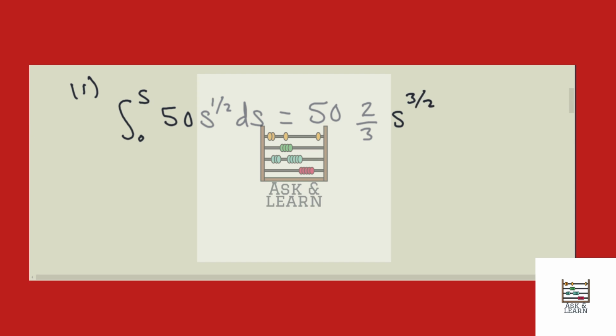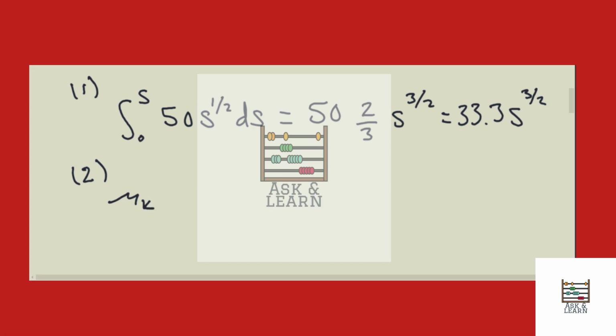So you add a 1 to the exponent: 1/2 plus 1 is 3/2, and then you flip that and you get 2/3. Then the boundary is 0 to s, so the s stays the same. You can clean this up a little bit, so we have 33.3 s to the power of 3/2.